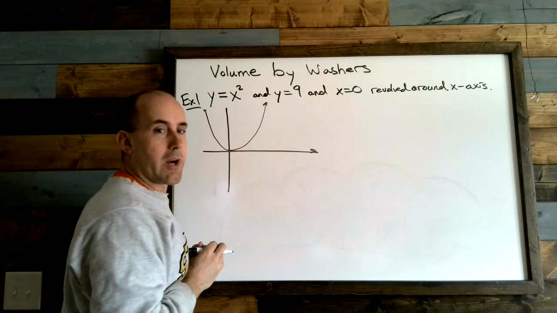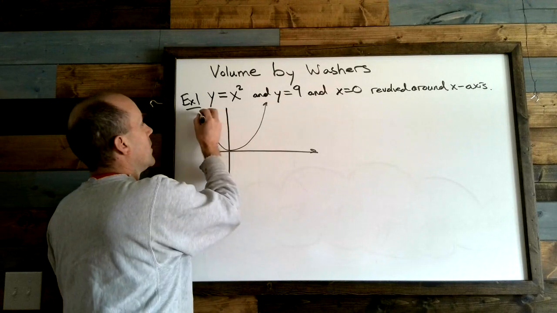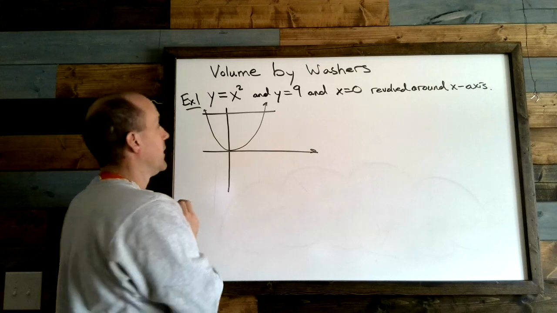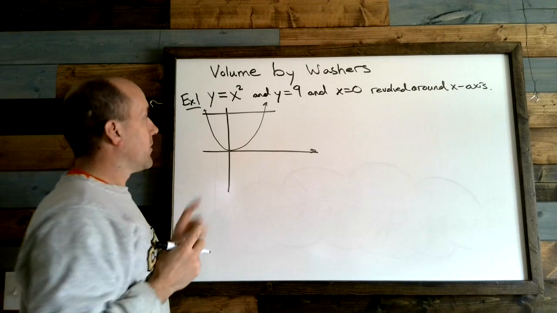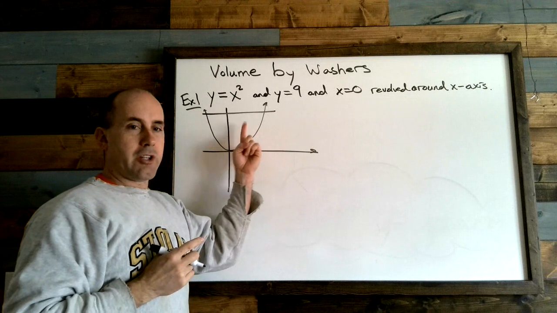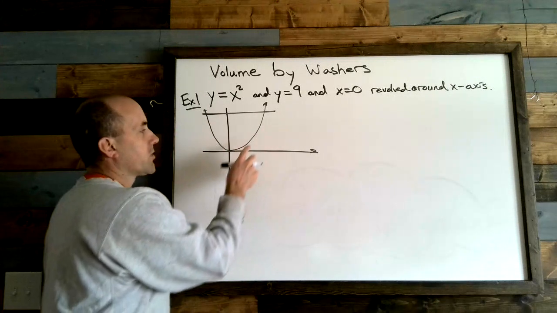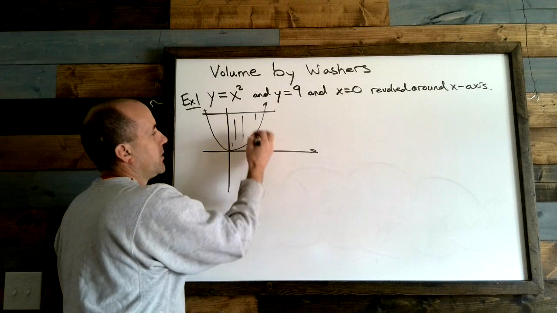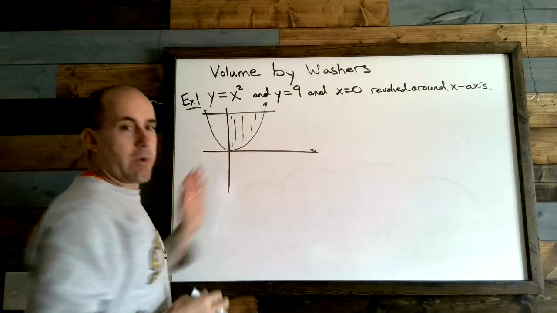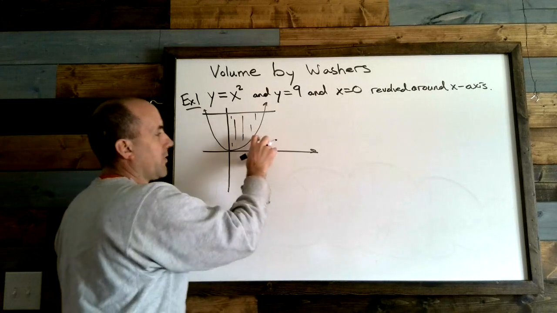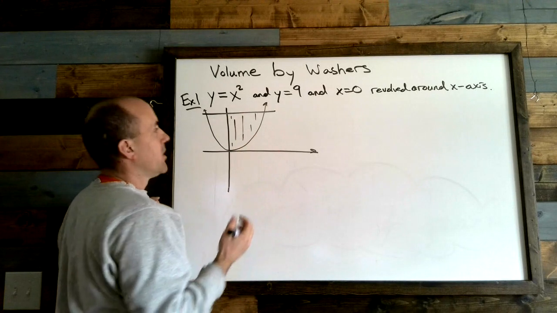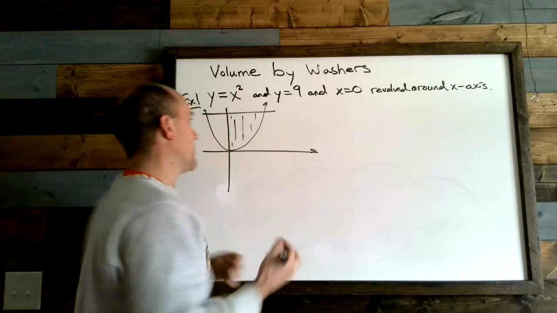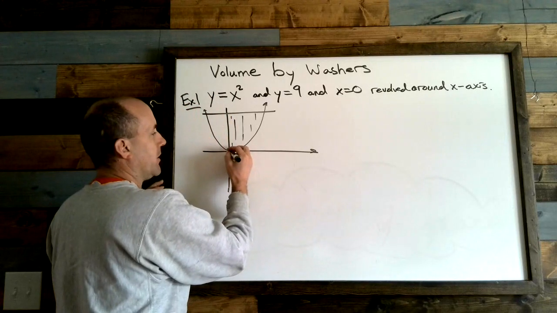there's my x squared. There's my y equals 9. And if we take this shaded region and we revolve it, what's going to be different is, as we revolve this region, we're going to end up with a gap right in the middle. So I'll try to draw for you what this looks like when we revolve it. I know it's challenging to see, but I'm going to do my best.